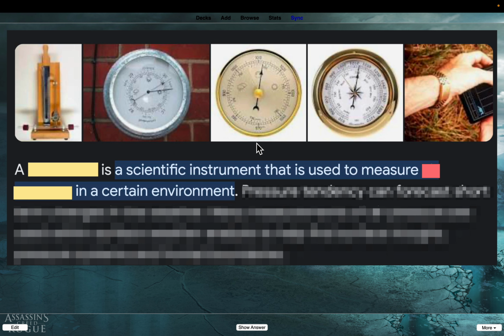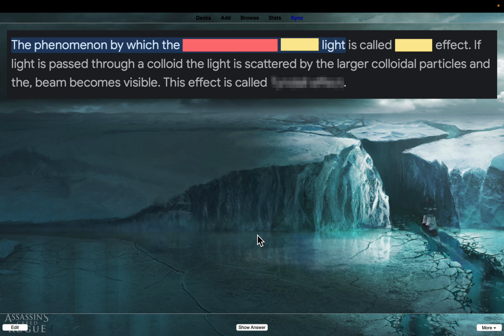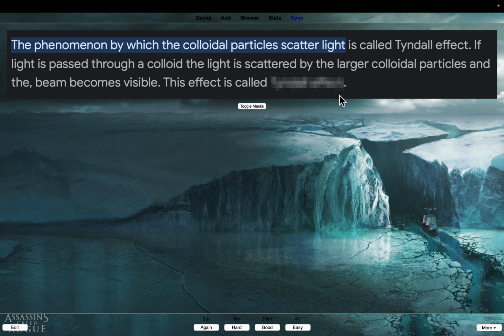Barometer to measure air pressure. Phenomenon by which the colloidal particles scatter light. I don't know why this cannot be under. Ah yes, Tyndall effect. It's already here.